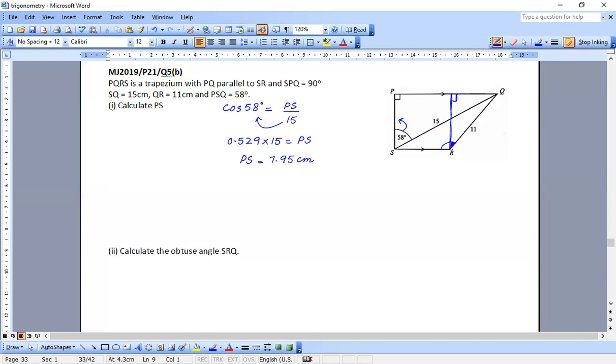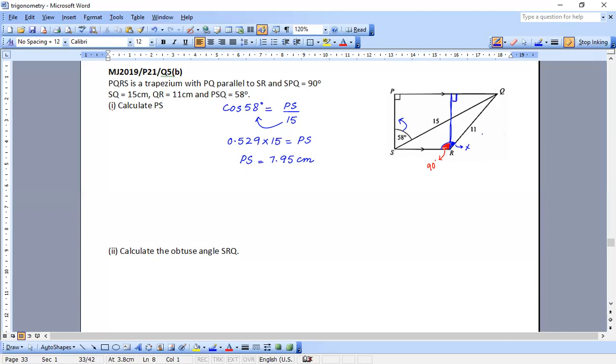This is one part of that angle and this is the other part. This other part is 90. If I know that blue part of this angle, I'll be able to calculate the whole angle. So this is the part which is missing.